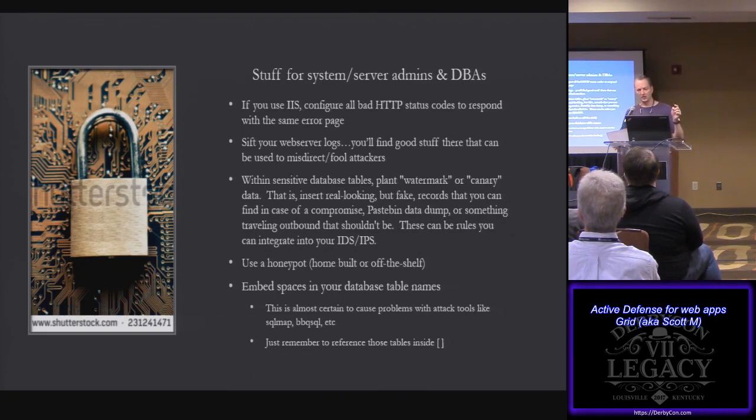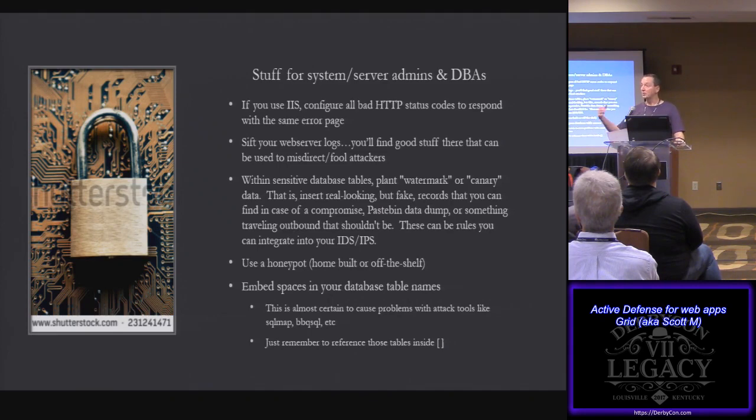This third bullet point, I've just started using where I work, and thankfully we haven't had any hits on it yet. But put some watermark or canary data in some of your tables. Real-looking stuff that you can at least get a heads up on in case of a compromise or a Pastebin data dump, something like that, or something traveling outbound that just shouldn't be.